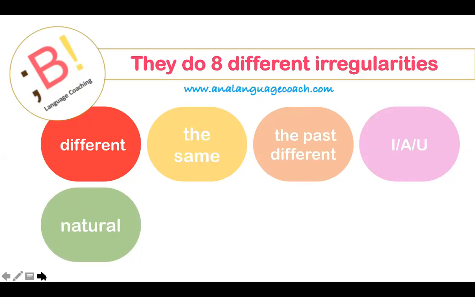So for example, in this group, you can divide them into those who are, for example, have, had, yes? But also those that do EE in the base form and the infinitive, for example, to meet, but then in the past and the participle, they do only one E. And it sounds like E. For example, you say to meet, met, yes?